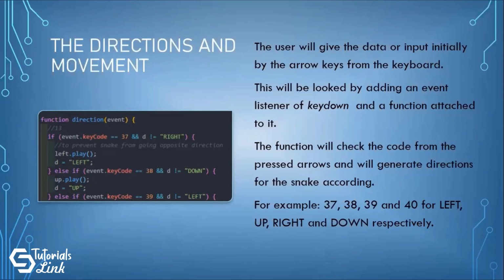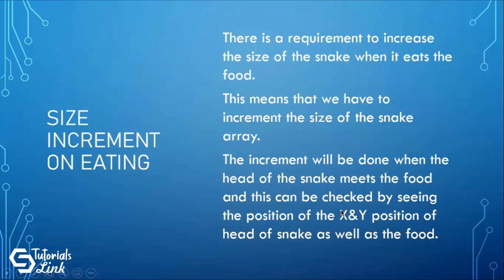We have to keep in mind that if we are going left, we cannot go right. Let's visualize this: say you are going forward. You cannot give the snake a backwards direction because it cannot move in the opposite direction, right? So only if the previous command is not right and the new command is left will we go left. I hope this is clear. Let's move ahead.